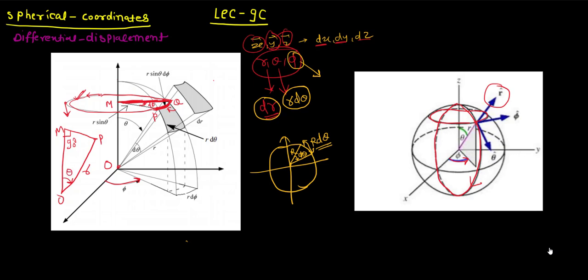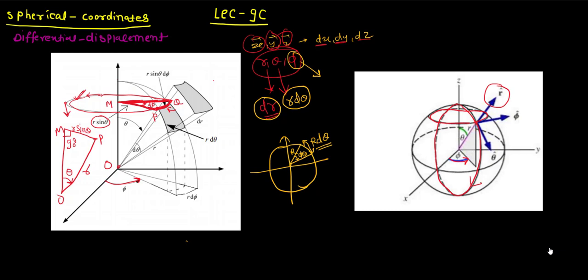So this distance would be r sin theta. As I have mentioned here, this distance, or the radius of this horizontal circle, would be r sin theta.